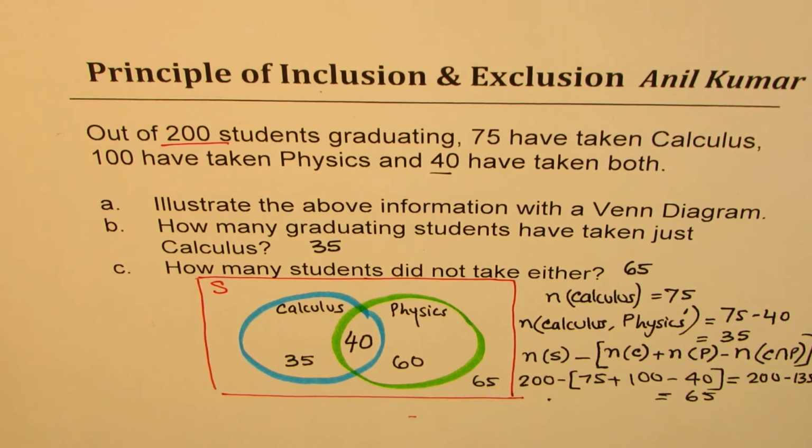So in this example, we have again seen how to apply the principle of inclusion and exclusion with the help of a Venn diagram and the formula, right? So 40 was being counted twice. Since these are the students who took both the subjects, we have to exclude them from the total to get the actual count. So this principle helps us to get the correct result of counting.